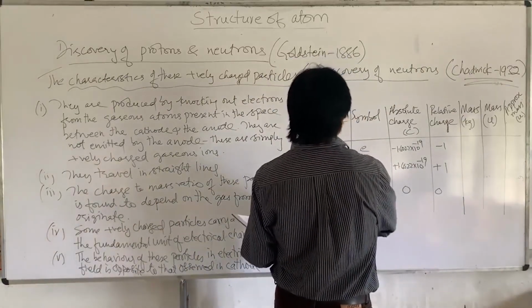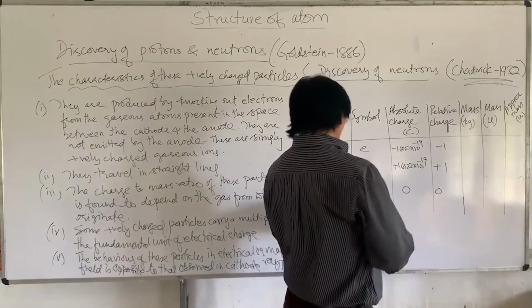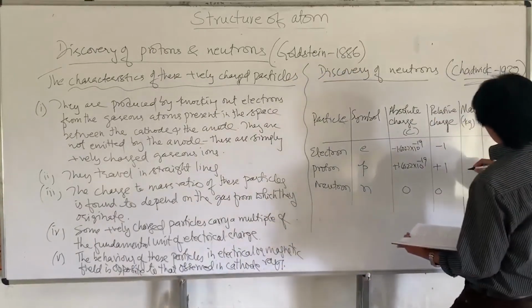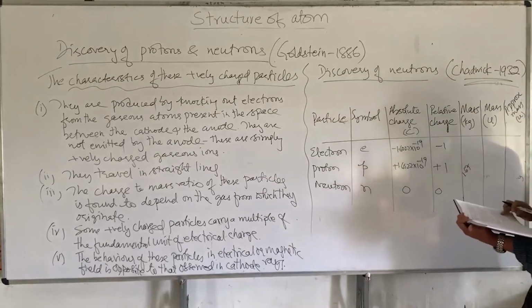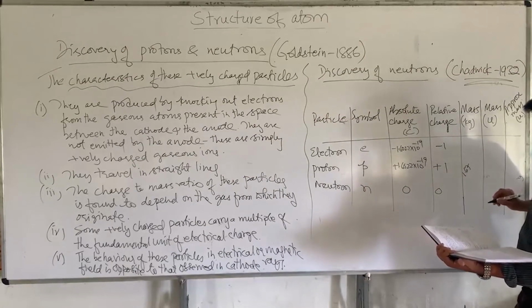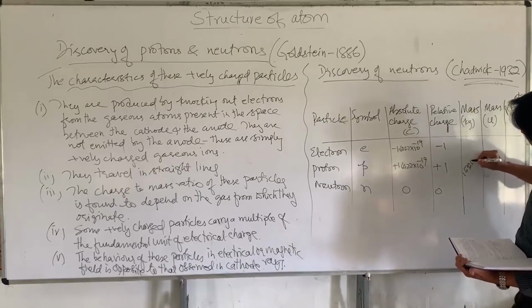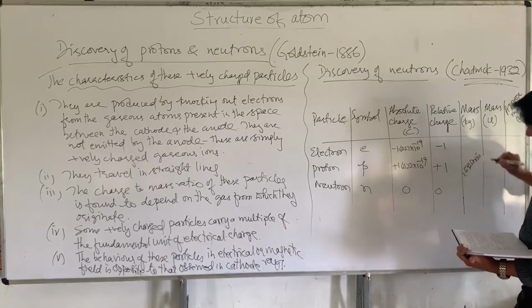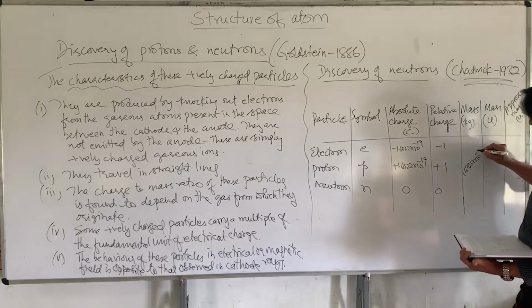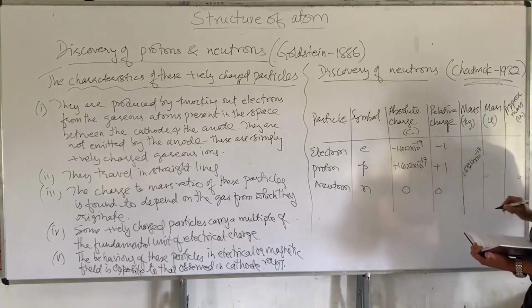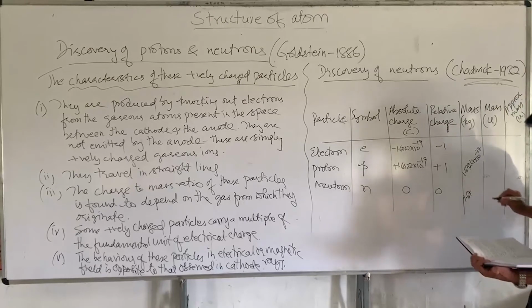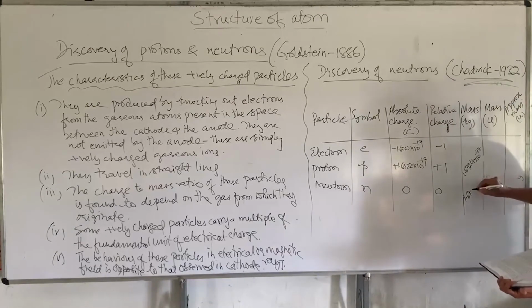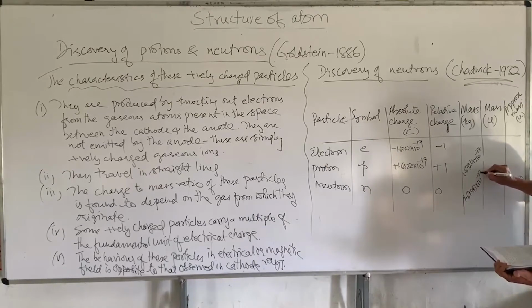Now the next thing is mass in kilograms. First let's write the mass of a proton. In terms of kilograms, the mass of a proton is 1.67262 into 10 raised to the power negative 27 kg. That of a neutron is slightly more than that, 1.67493 into 10 raised to the power negative 27 kilograms.